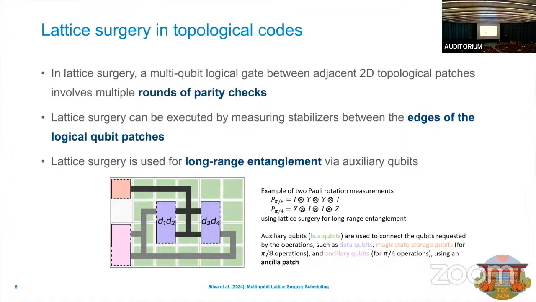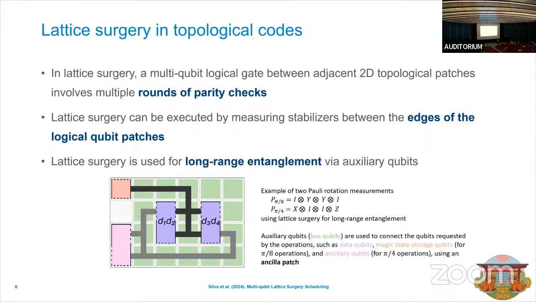Lattice surgery in topological codes means that a multi-qubit logical gate between adjacent two-dimensional topological patches involves multiple rounds of parity checks. Lattice surgery can be executed by measuring stabilizers between the edges of the logical patches, meaning that we only need to create these kinds of connections between the patches of the qubits that are requested in the circuit, as I showed before, in order to perform that operation.